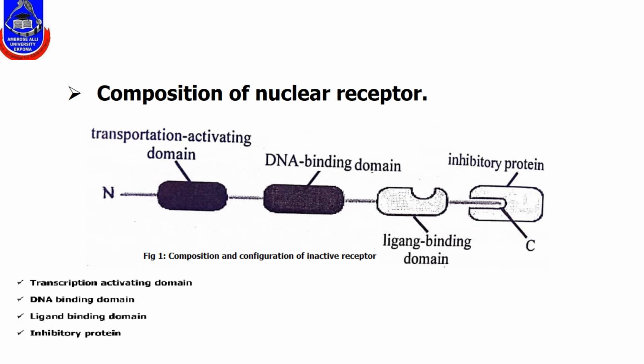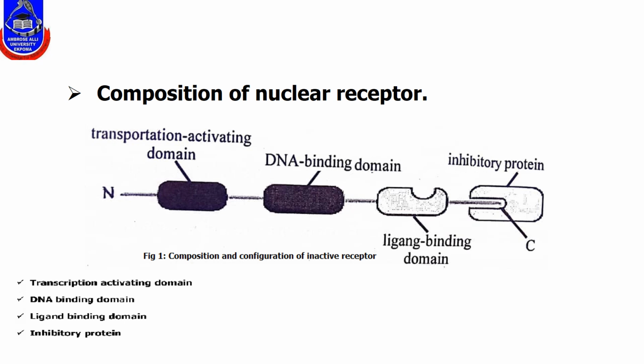Now, the structural composition of nuclear receptor is displayed. They are made of the following regions: the transcription domain, the DNA binding domain, the ligand binding domain, and the inhibitory protein.